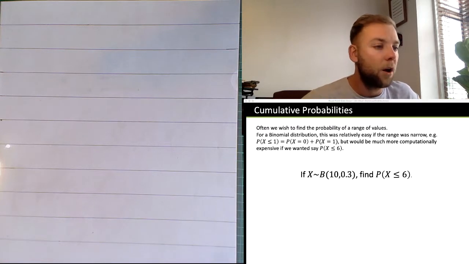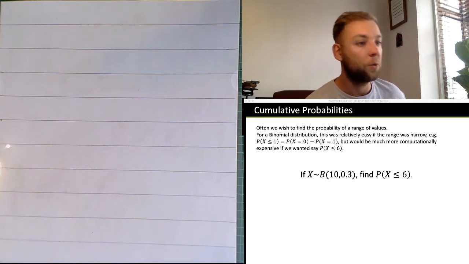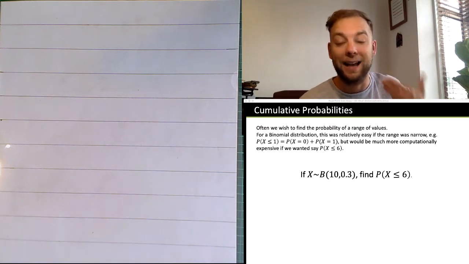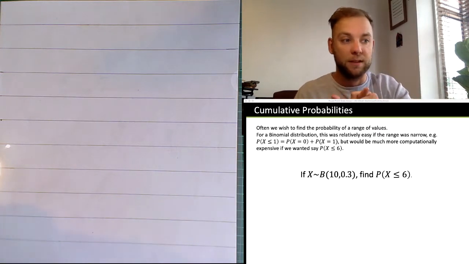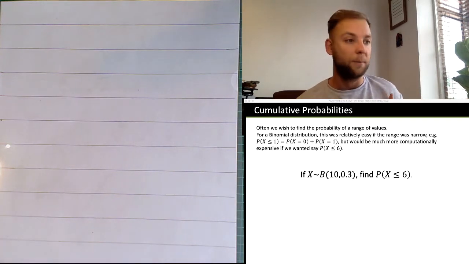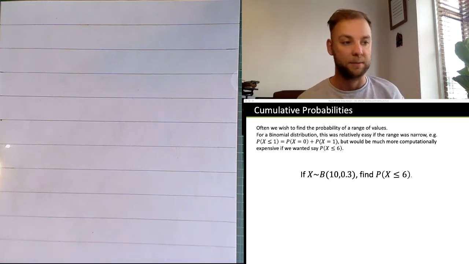So often we wish to find the probability of a range of values. For a binomial distribution, this was relatively easy if the range was narrow. So the ones we've been looking at was, let's say, the probability of our random variable being less than 1. So we're only looking at the probability of it being 0 and the probability of it being 1. We'd find out each of them and add them up together.